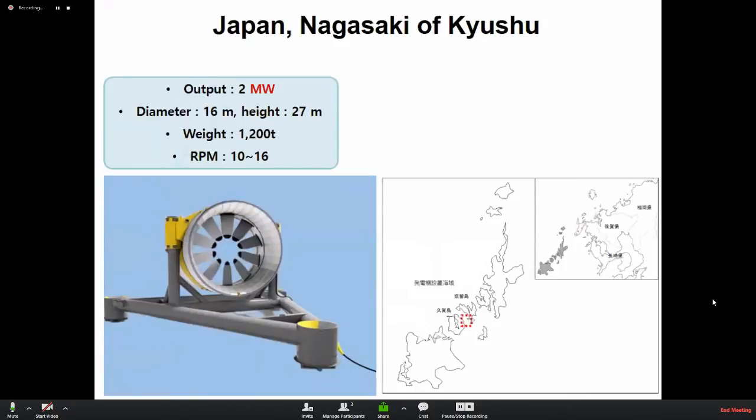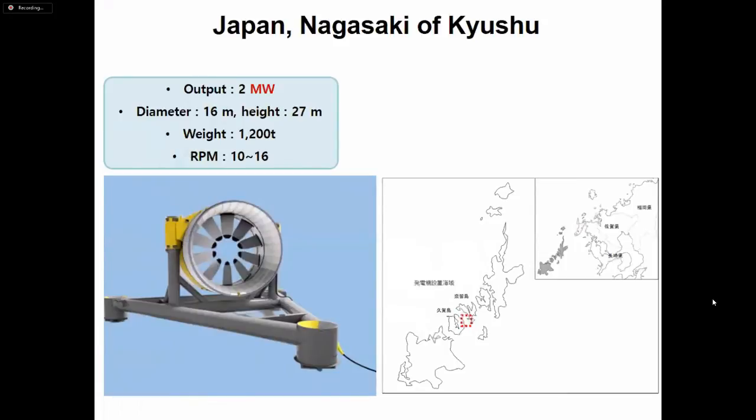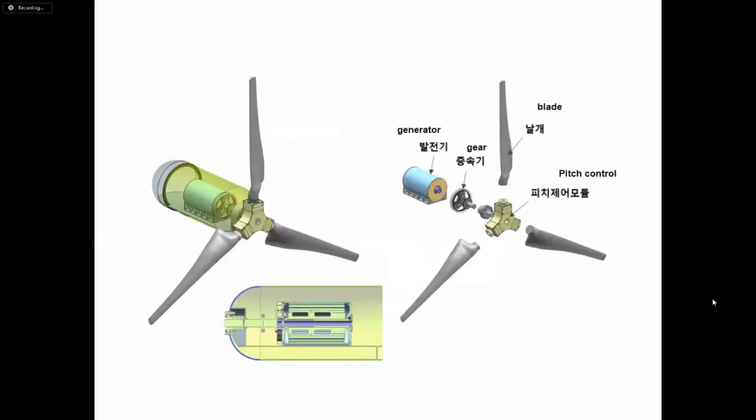There is a small city called Nagasaki, and there is an island near Nagasaki. Between small islands, they put this one, which is 2 megawatts, diameter 16 meters. So it's a rather big size. RPM is slower than wind power. It is very similar to a wind power system: generator, gearbox, pitch control and blade. Right? Why do we need a pitch control?